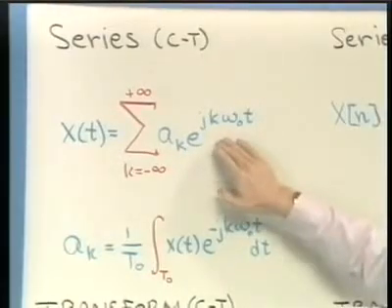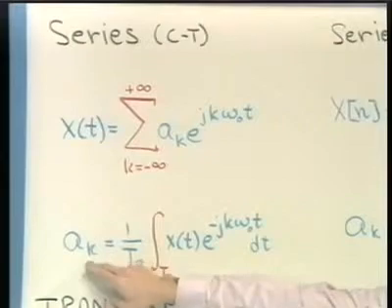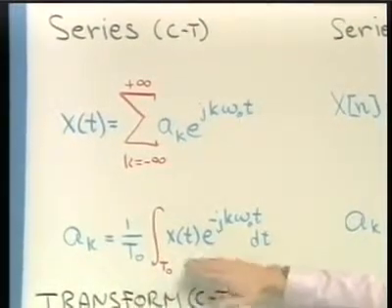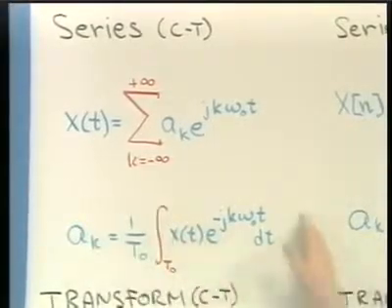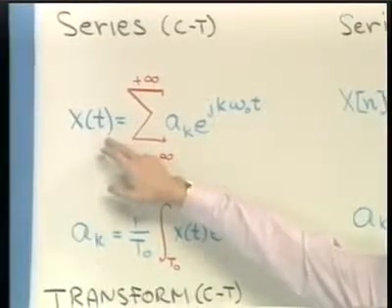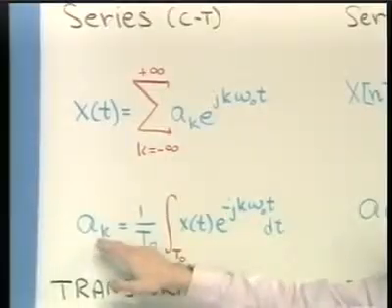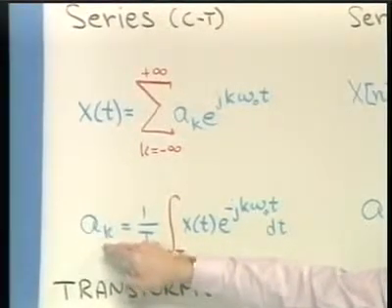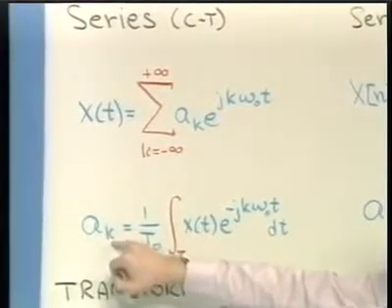And we saw an analysis equation which tells us how to get these Fourier series coefficients through an integration on the original time function. And notice in this that what we have is a continuous periodic time function. What we end up with in the frequency domain is a sequence of Fourier series coefficients, which is an infinite sequence, namely requires all values of k in general.